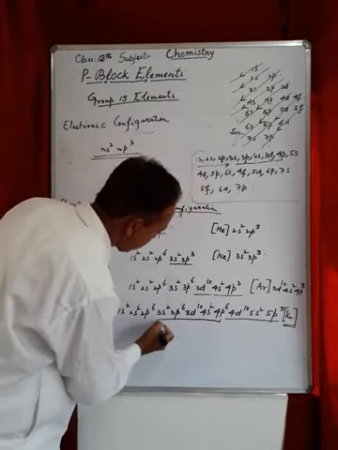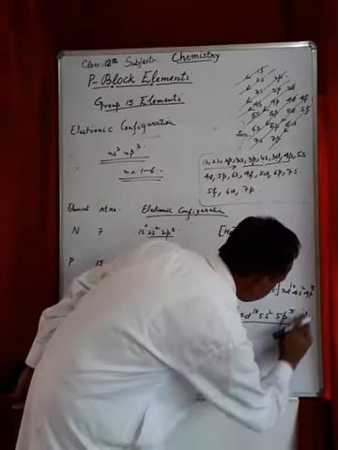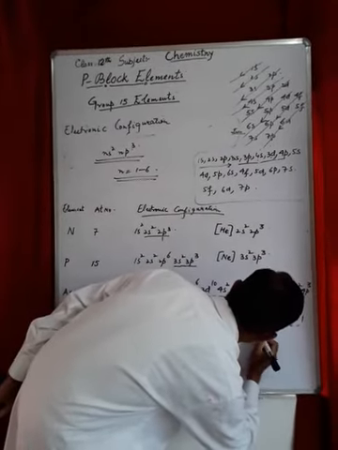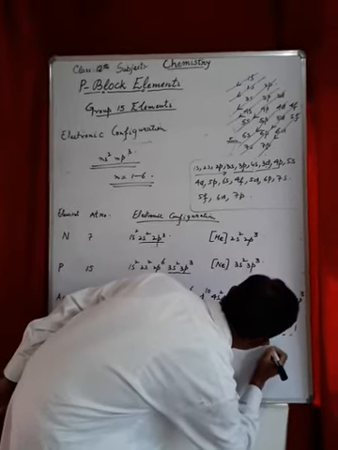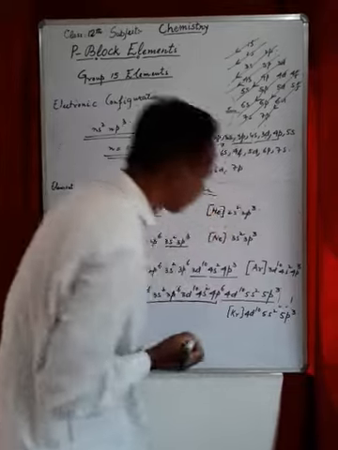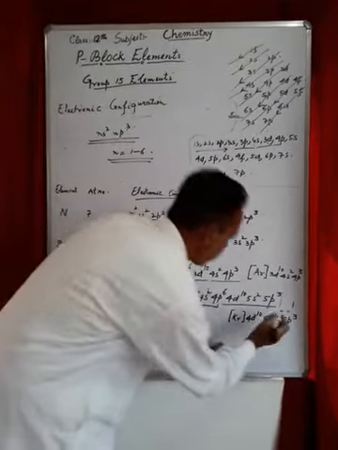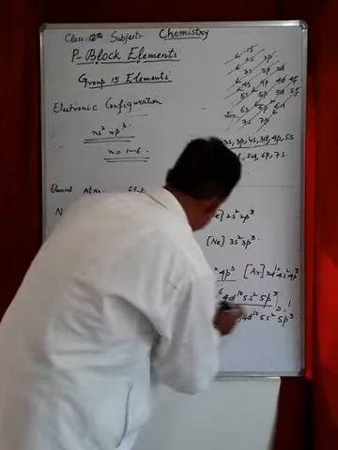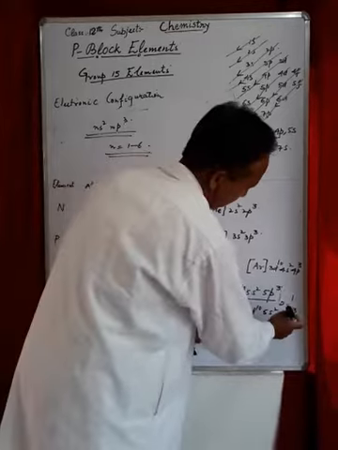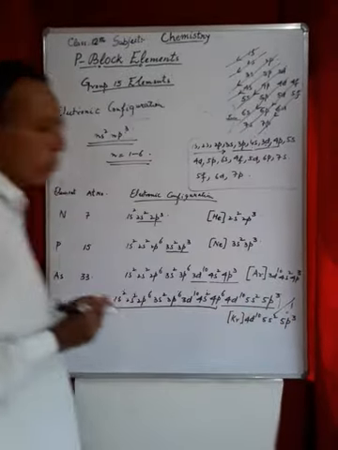So up to here krypton comes, and after that we have to write 4d10 5s2 5p3. This is with the noble gas core, whether we write the full electronic configuration or with the noble gas core.